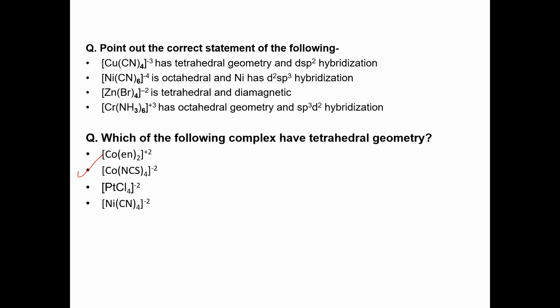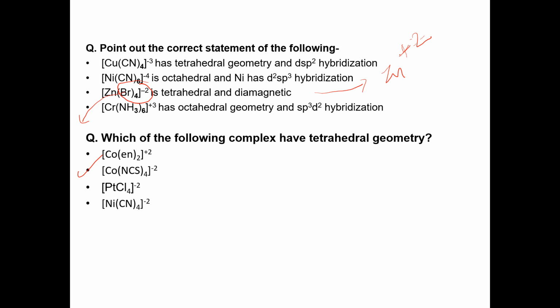So in this case, zinc is in the plus 2 oxidation state, right? And since it is a weak field ligand, it will form a tetrahedral complex.